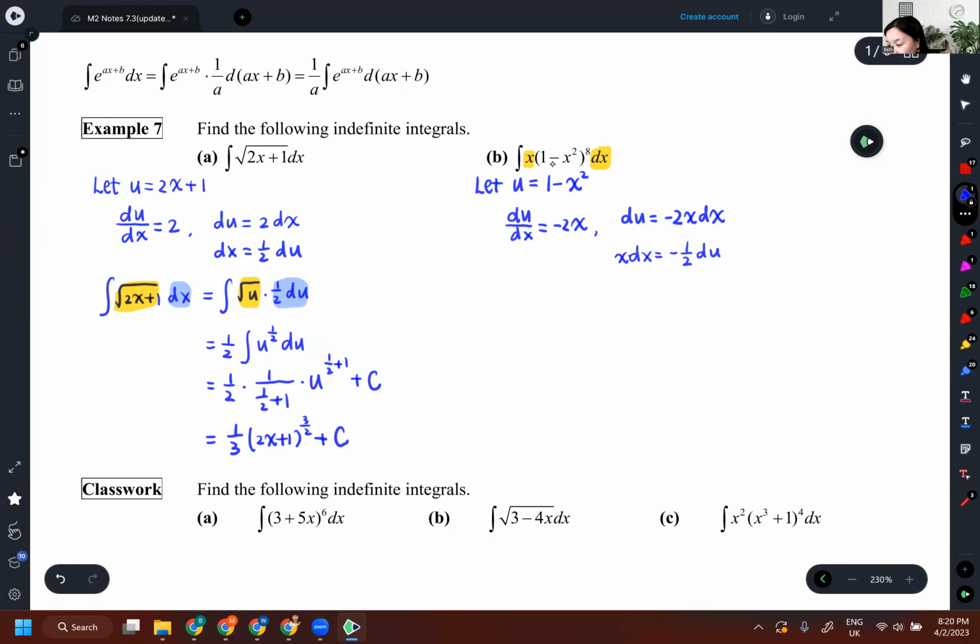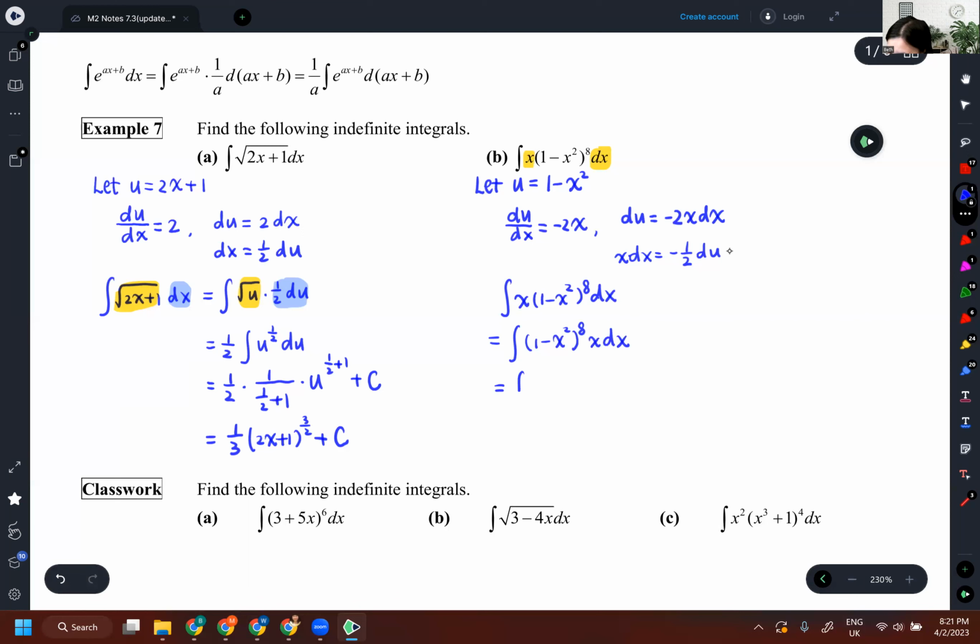So this integral, x times 1 minus x squared to the power 8 dx, now I can first switch the order. I'll put the power 8 first, and then x dx. I just swap them.